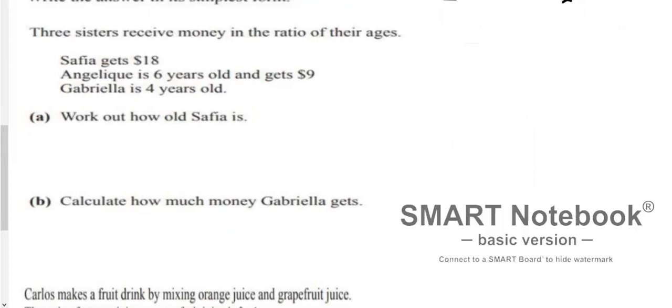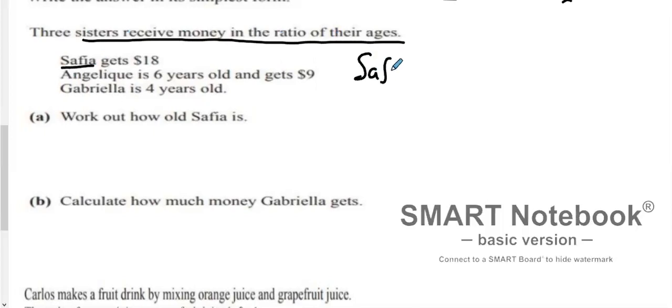So we have 3 sisters receiving money in the ratio of their ages. So we have Safia, who comes first.